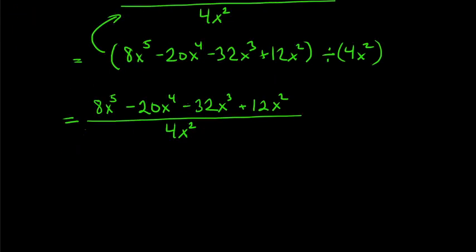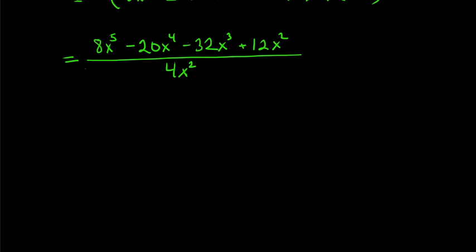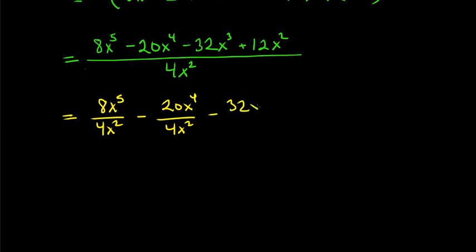So I just copied that down here. So all we're going to do is split this up into 4 separate fractions, right? 8x to the 5 divided by 4x squared, and then minus 20x to the 4 also divided by 4x squared. And then minus 32x to the 3 divided by 4x to the 2. And then plus 12x squared divided by 4x squared.